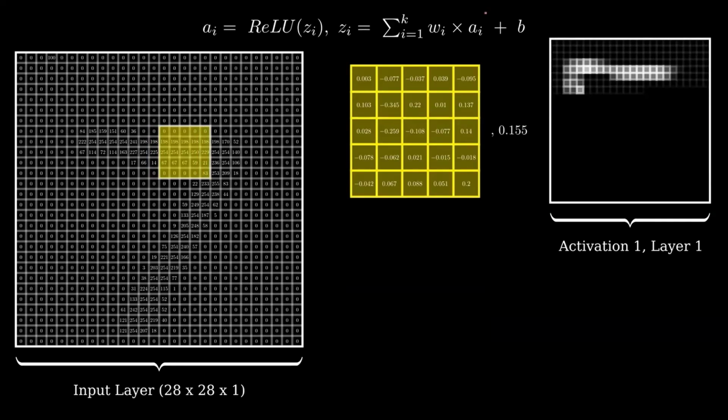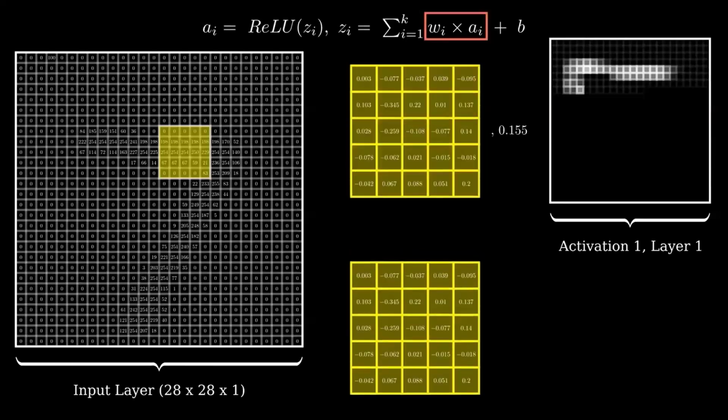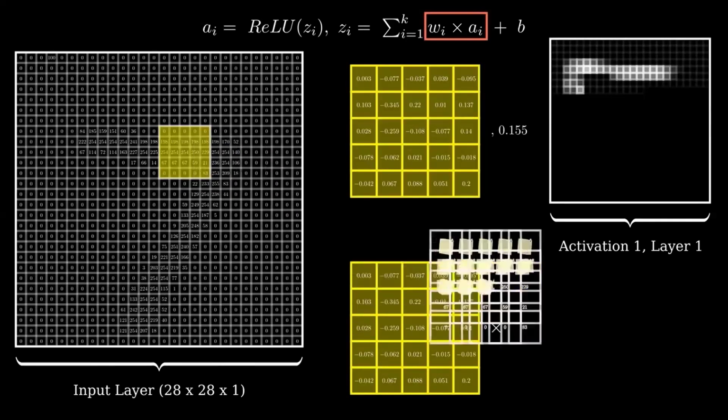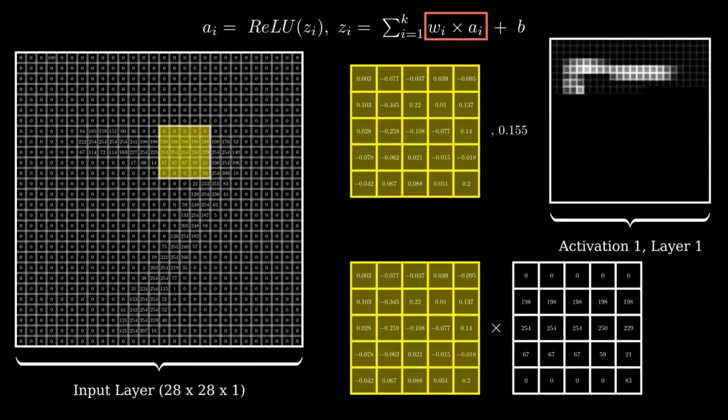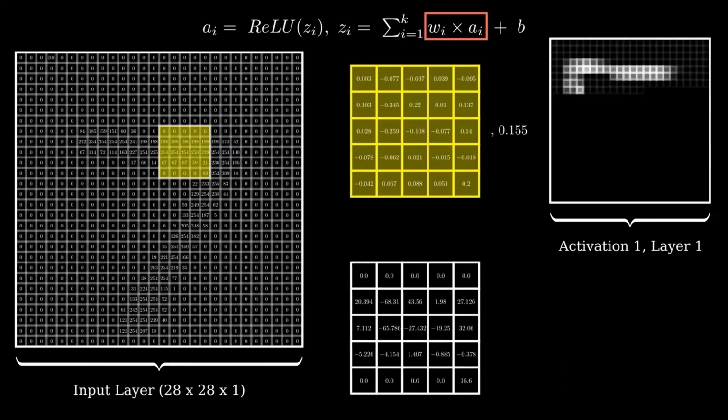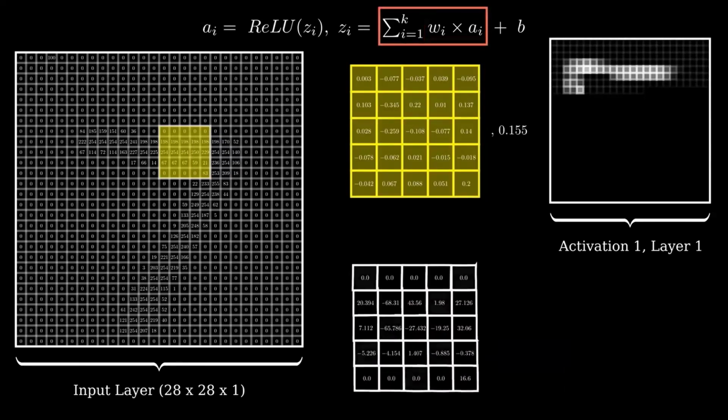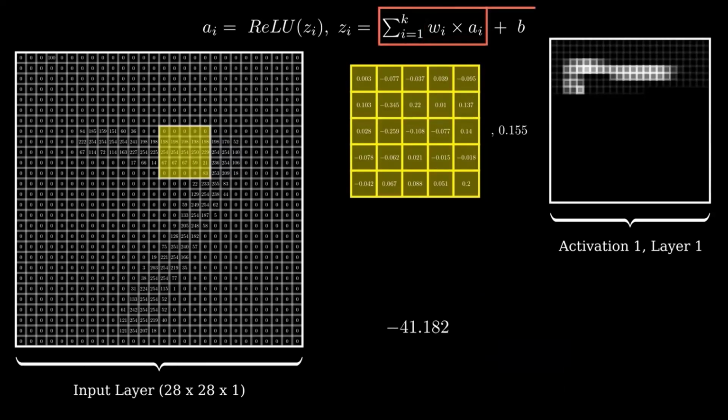Anyways, if we look at the first term of the formula, this basically tells us to multiply the weights from the kernel with the overlapping values from the input. This will return a matrix with the same dimensions. Then we'll sum up all the values in that matrix and add the bias term in order to get Z183.